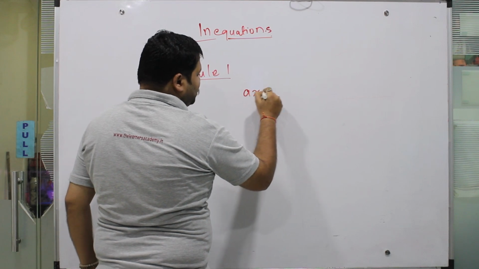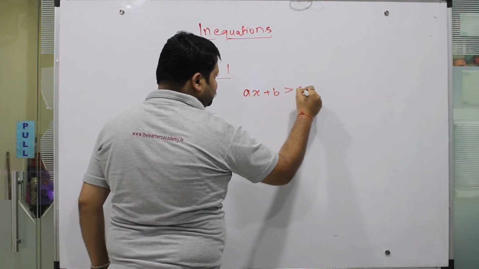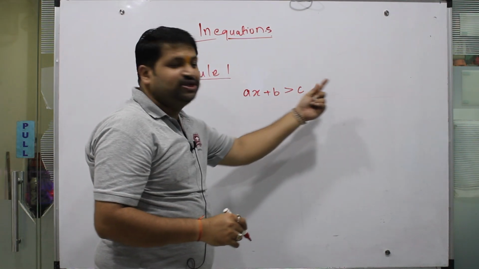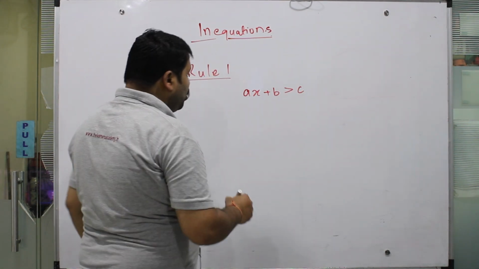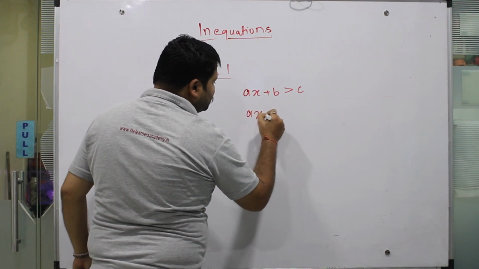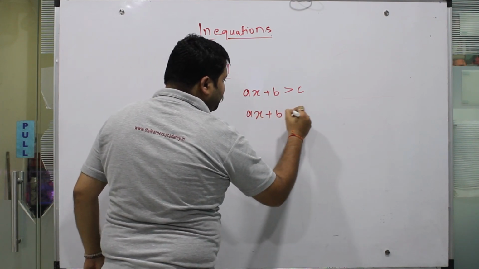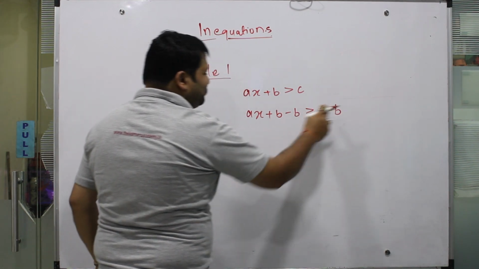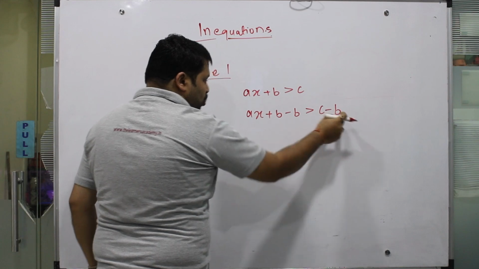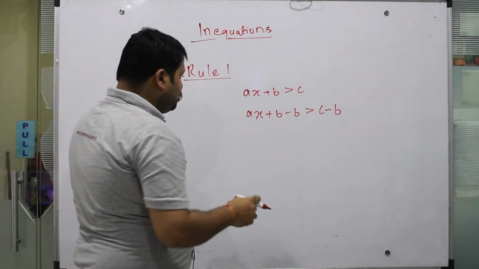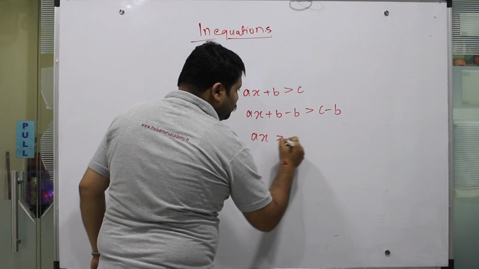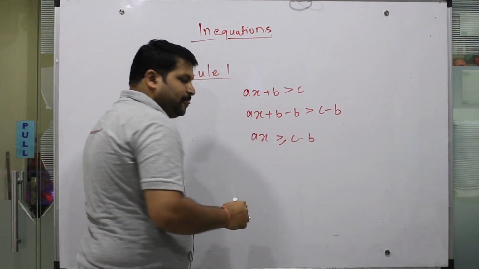So if I have ax plus b is greater than c, okay, तो अगर मुझे ये b को दूसरी साइड को लेके जाना है, तो all I'll have to do is I'll have to write ax plus b minus b is greater than c minus b. I'm subtracting the same term on both the sides. So I'll get ax is greater than c minus b.